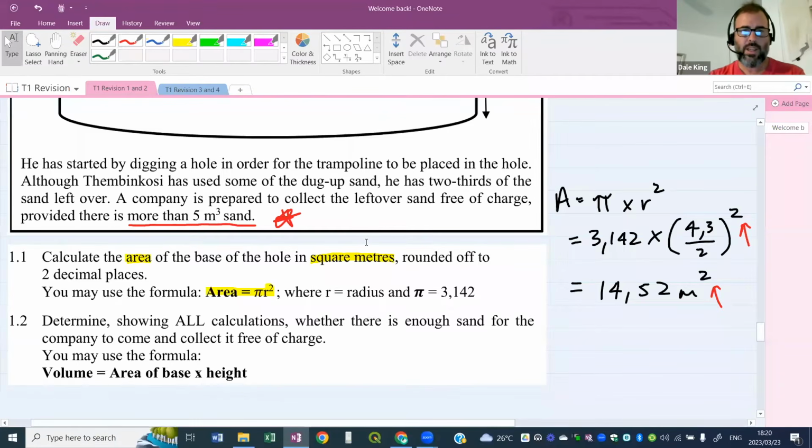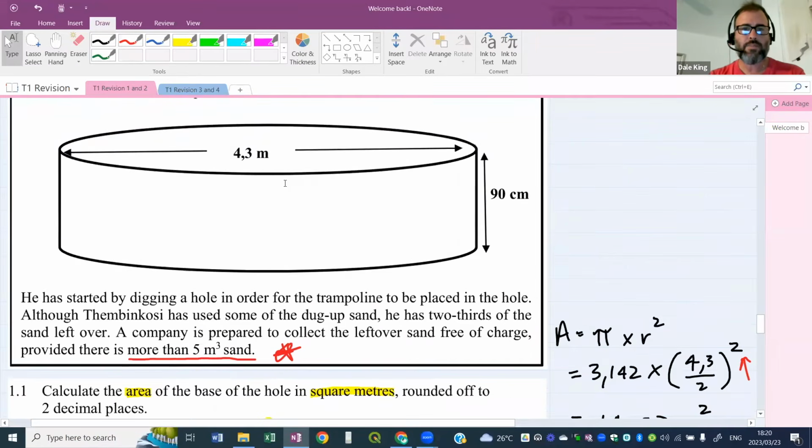Now, when you look at this diagram, this looks like a cylinder, like an object that's sitting on the ground. But actually, that is a hole that's been dug out. So the hole is in the shape of a cylinder. All right, and all that sand inside that hole, inside that cylinder, has been removed.